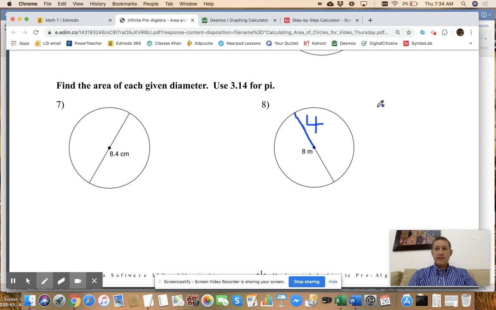So the area is going to be equal to 4 squared, which is 16, times 3.14. Go ahead and use your calculator and find out exactly what that is.